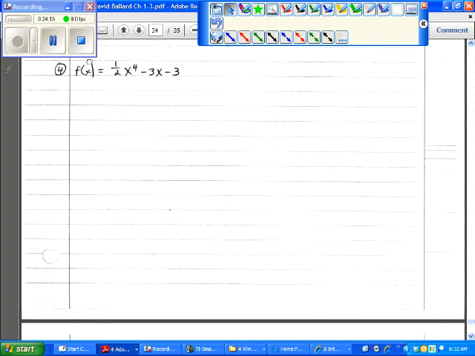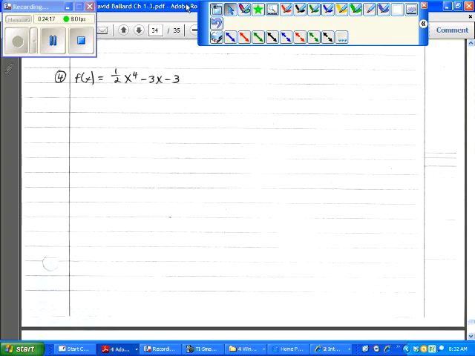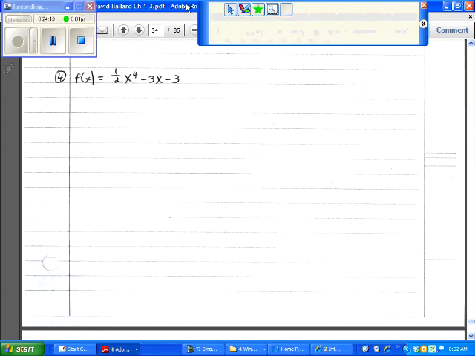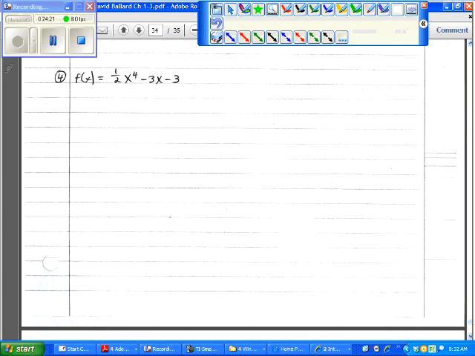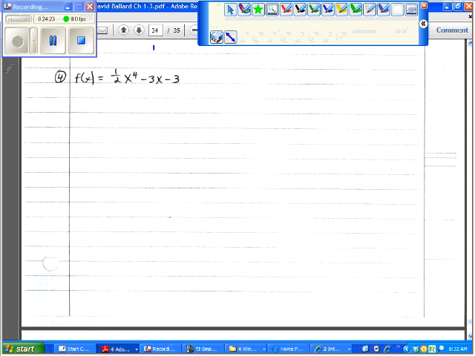All right, so we're going to go to number 4. We're going to think about this. When you think about fourth power, you're going to be thinking about a U, right? A parabola-looking thing. Now, remember, there's going to be 4 solutions, but 2 of them are probably imaginary solutions.